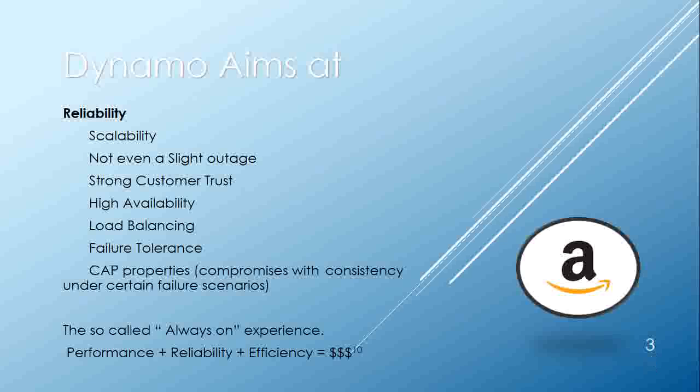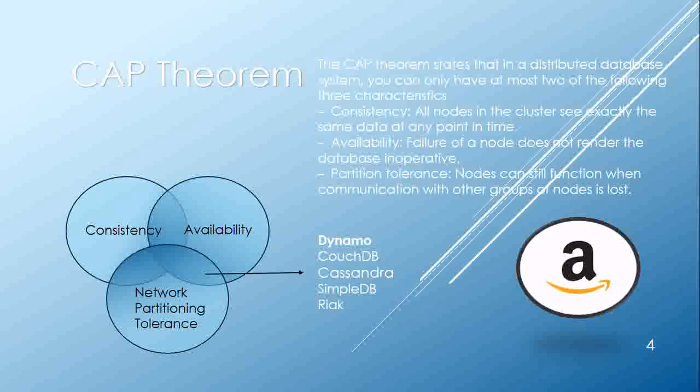Let's move on. Here's the CAP theorem. The CAP theorem states that in a distributed database system, you can have at most two of the following three characteristics. It is not that we can have all three, it is the possibility that we have two of them: consistency, availability, and partition tolerance. What is consistency?